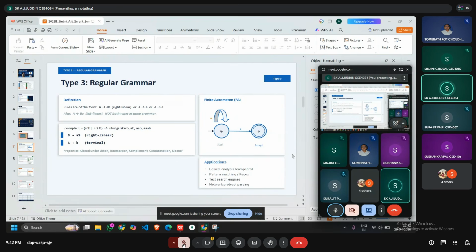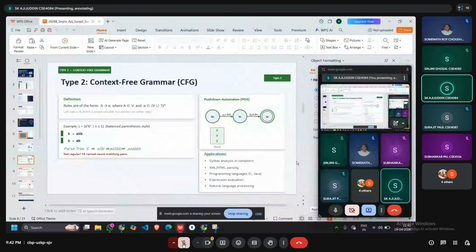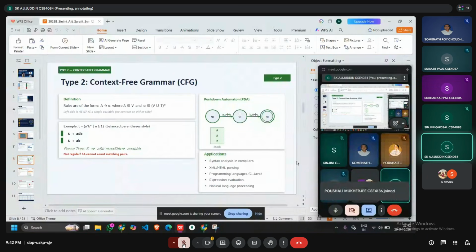After that, we have context free grammar, CFG. Context free grammar is more complex and more powerful than type 3 grammar. Here basically one rule we have to remember, that on the left side there is always a single variable. Here the pushdown automaton, PDA, is used as the machine to recognize the values of this grammar, because there is a stack.